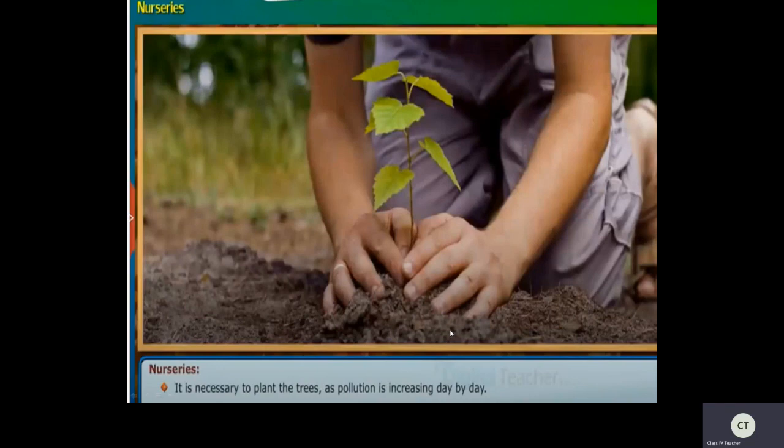Yes children, it is necessary. Everyone should plant trees, as pollution is increasing day by day. To stop the pollution, it is very important to grow plants, and we should take care of those plants. So nurseries are good places where we can find a diverse variety of plants, right children?